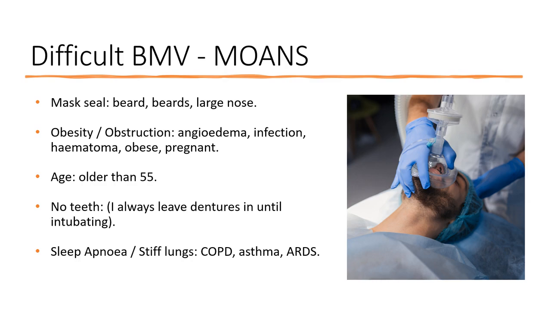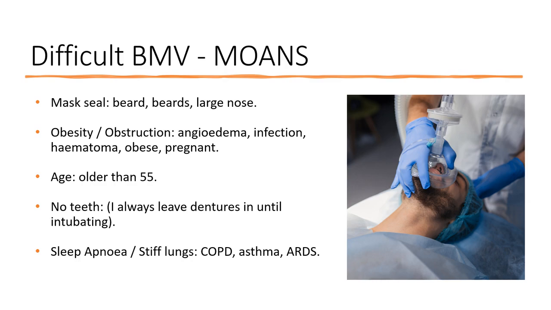The S stands for sleep apnea or stiff lungs. So in sleep apnea, we know that when the patient goes to sleep and they lose some of their airway tone, the movement of air through the upper airways is obstructed. So sleep apnea tells us that we're going to have difficulty with external positive pressure ventilation in the form of mask ventilation.